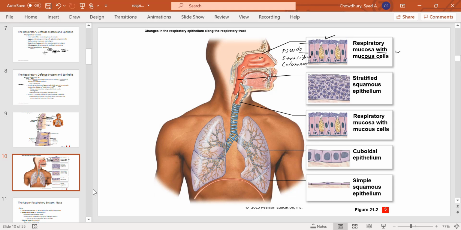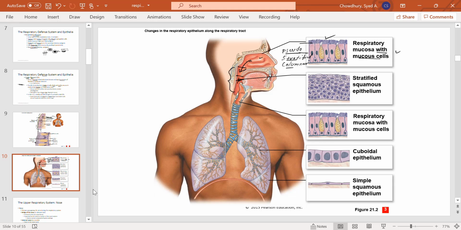Then this is the pharynx, and in the pharynx you have two types of lining. Pharynx has three parts. This whole part is the pharynx. The uppermost part has the same lining, pseudo-stratified columnar, from the nasal cavity to the upper part of the pharynx.